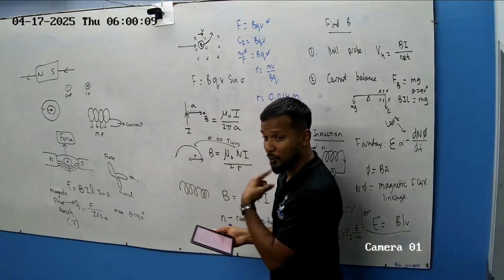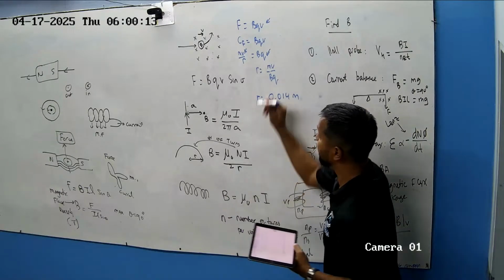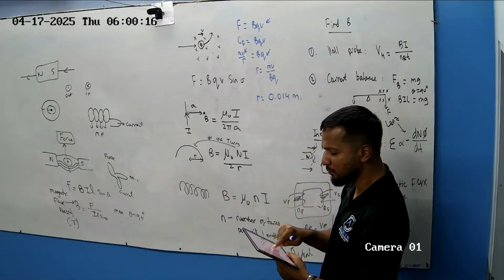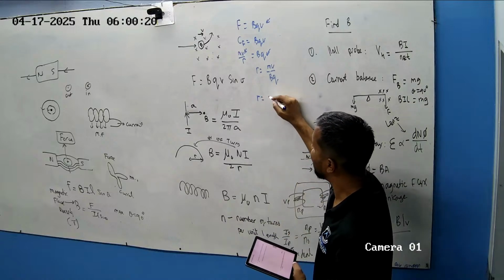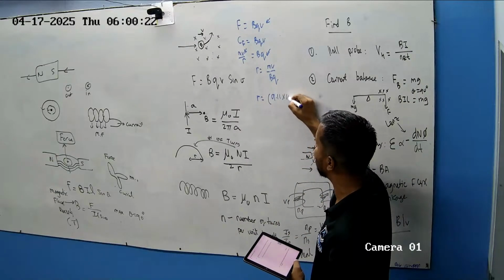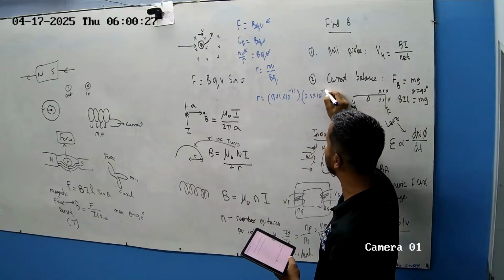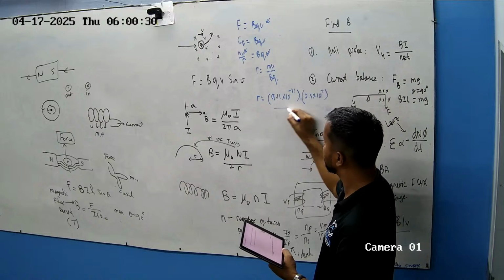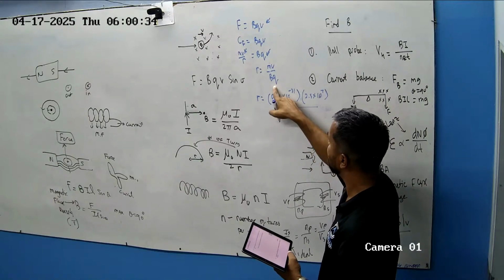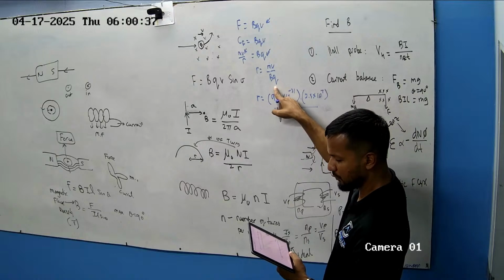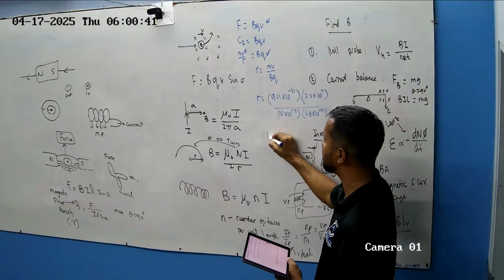You can work it out, plug in the values. Mass of the electron is 9.11 by 10 to the minus 31. The speed is 2.5 by 10 to the 7, all over 10 by 10 to the minus 3, and Q is 1.6 by 10 to the minus 19, and they got 0.014.